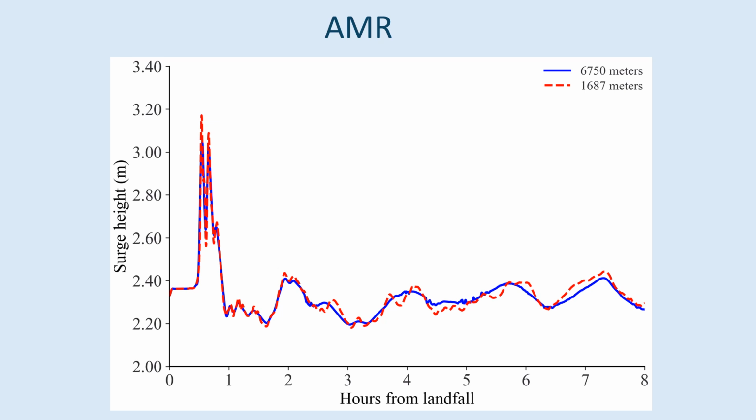The more refined red one has a larger peak of the first wave, closer to 3.2 meters, whereas the less refined one is just above 3 meters. And the oscillations as the waves pass are slightly different as well. However, the general character is the same, and I would consider not wasting my time on the more refined for this particular area just because of the time difference in computation.